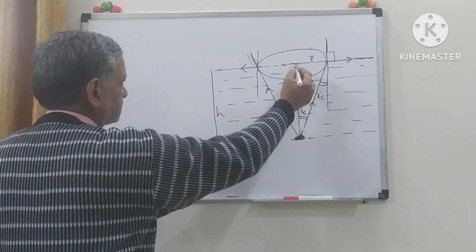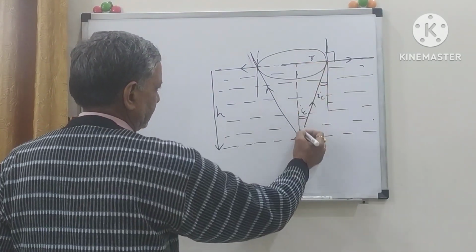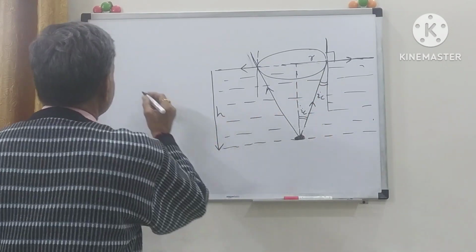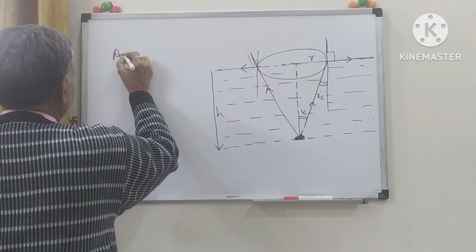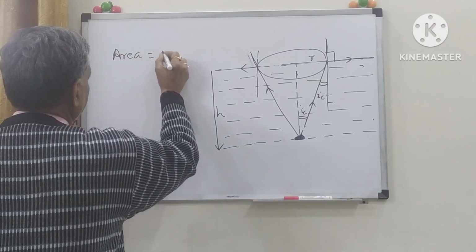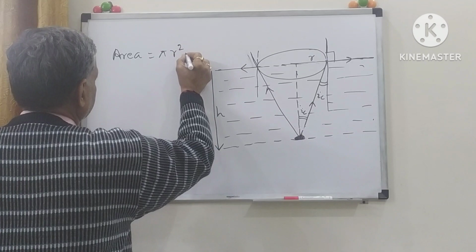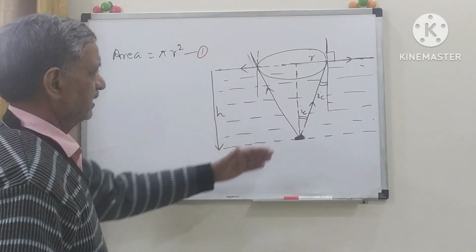तो आप देखो, from this, R by h, that is sine of IC. एरिया कितना हो गया, कितने एरिया से लाइट बाहर निकल रही है, तो area will be equal to pi R square. इतनी एरिया से लाइट बाहर आ रहा है.